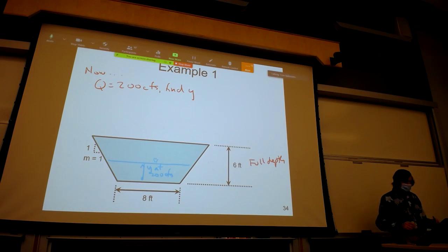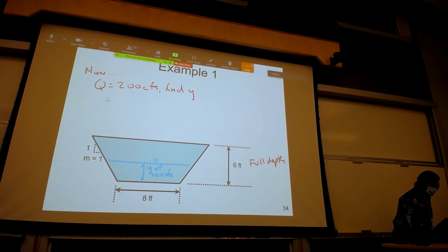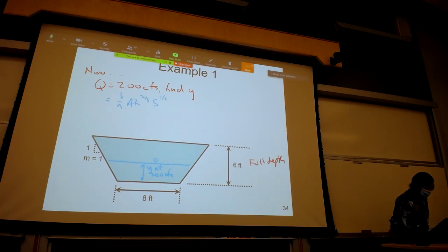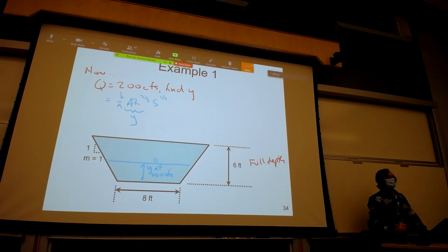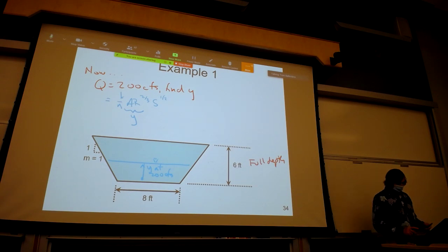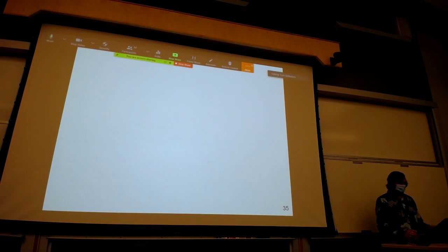You solve the problem the exact same way with the Manning equation. The problem is the depth of flow is built into these hydraulic elements of cross-sectional area and hydraulic radius. So let me just explain that on the next slide.